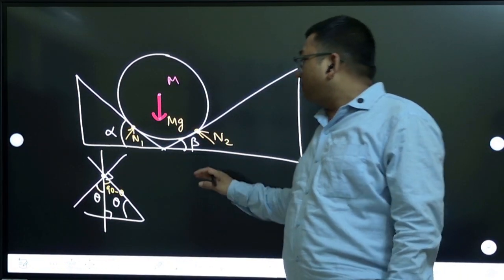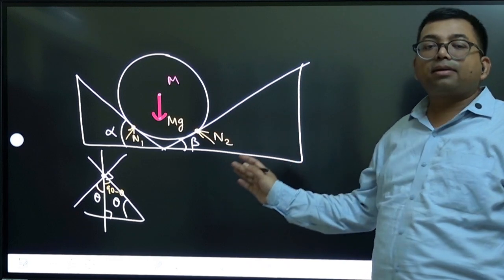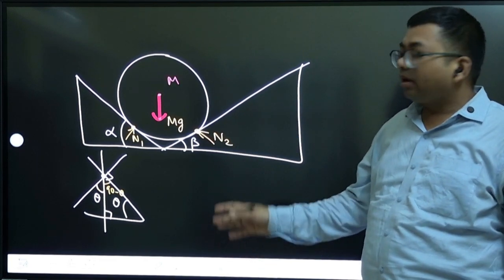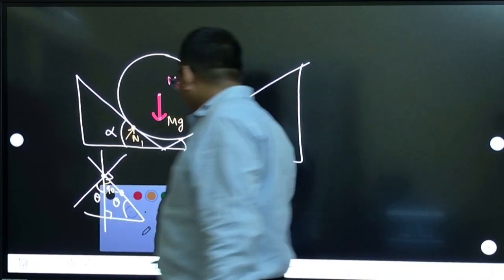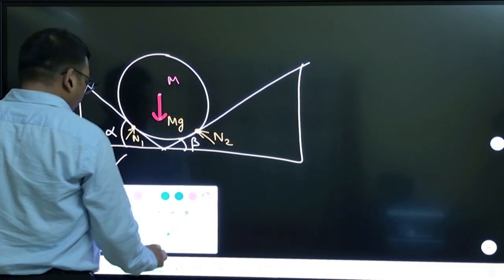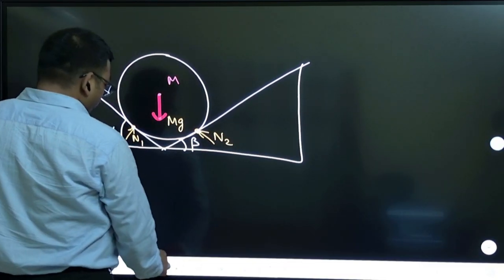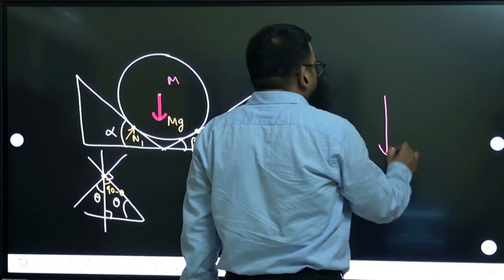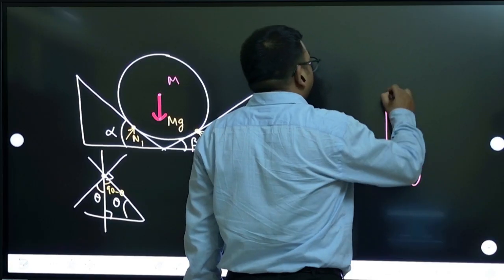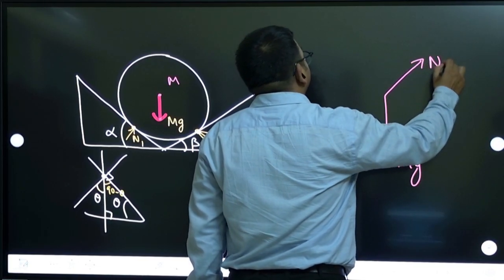The angle between the inclined plane and the horizontal is the same as the angle between the vertical and the normal to the inclined plane. So that means this normal N1 which I have drawn here, I can now draw in this diagram clearly. So this is the weight mg, right? And I will draw this normal N1.